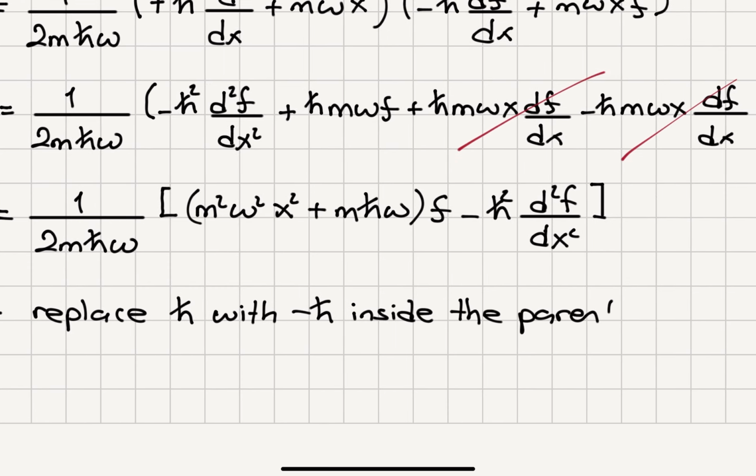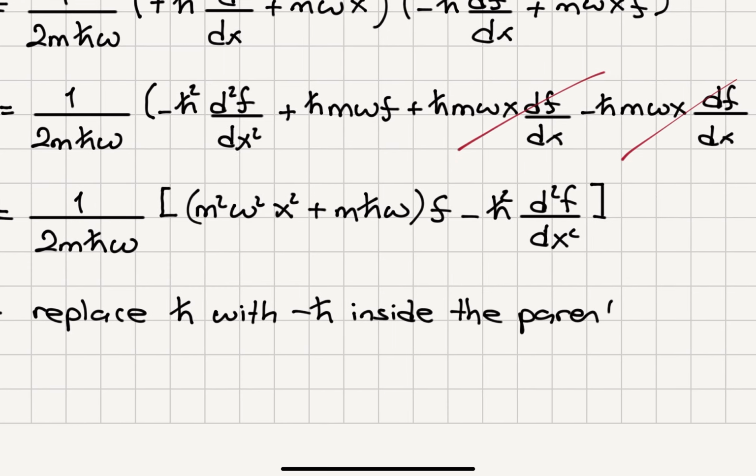Okay, so with that, I will have a plus a minus applied to f is equal to 1 over 2m h bar omega. I will have m squared omega squared x squared, the same thing here.